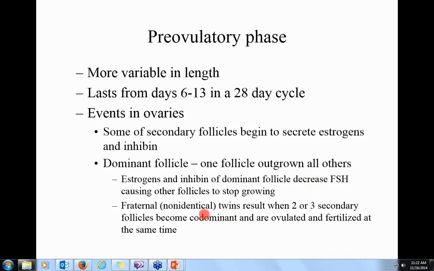You may have fraternal twins result when 2 eggs are released in the same cycle. This could occur because 2 or 3 follicles become codominant.